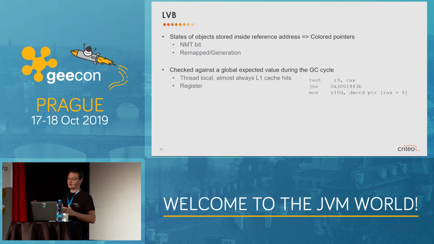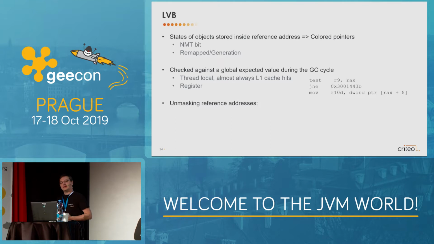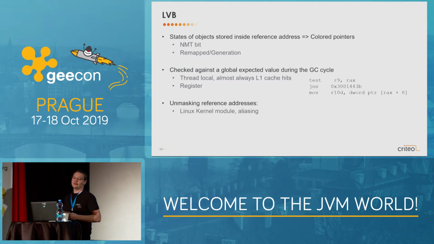We just have a test between two registers, jump if this is not good, or otherwise load a field. As we store metadata inside those reference addresses, we need to unmask them to access the real address of the object. For that, there are two modes. They use either a kernel module directly.